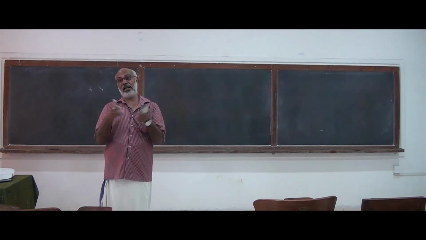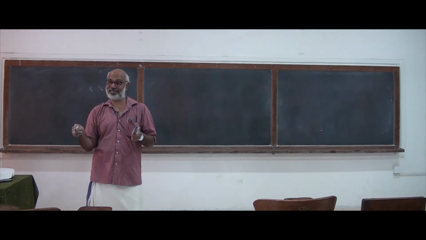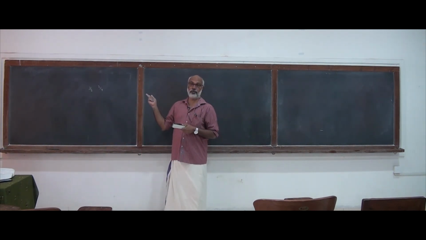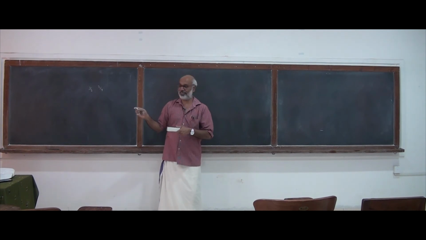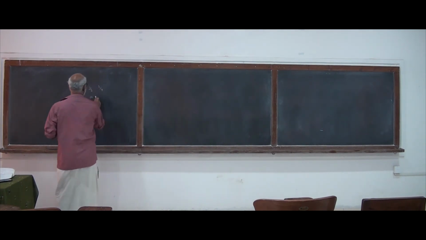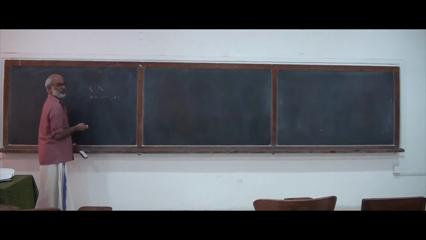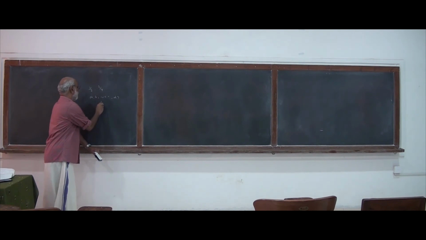But there will be a large collection, and among them we will define an equivalence relation. For example, we want the ordered pair (1, 2) and the ordered pair (2, 4) to be identical. So we will define an equivalence relation between such things. That is, ordered pair (A, B) and ordered pair (C, D) are related if, what will be the condition?